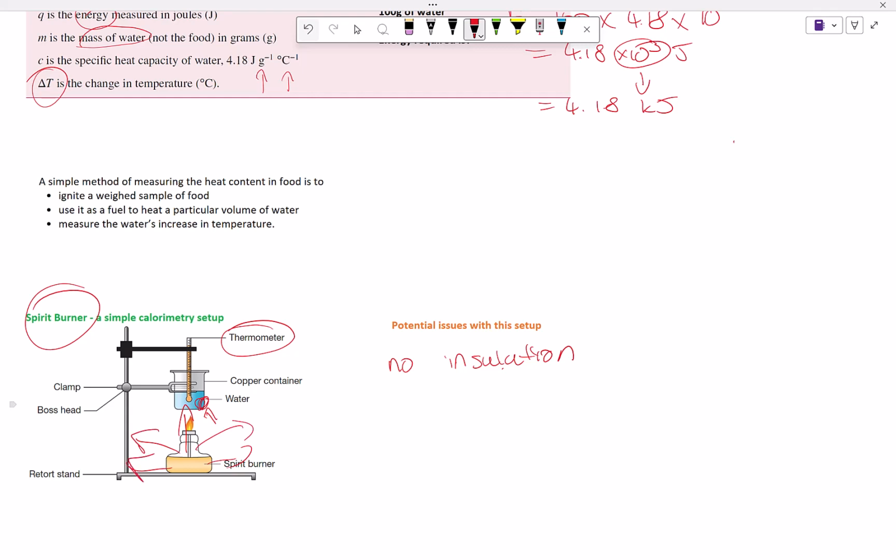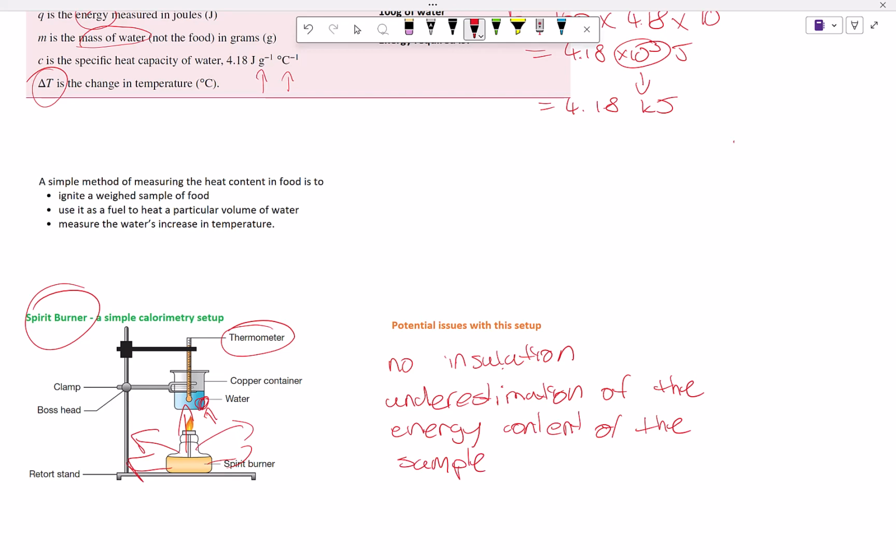And the problem with that is it means there's an underestimation of the energy content of the sample. Because there's no insulation, that's what you want to try to do, insulate things, so all the energy that's being released from whatever you do in here goes into your water.